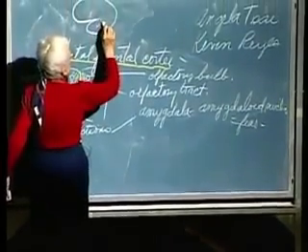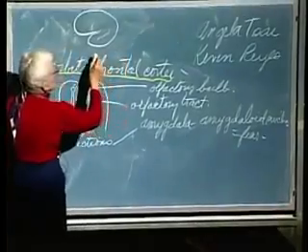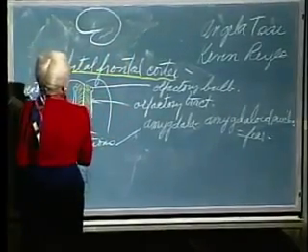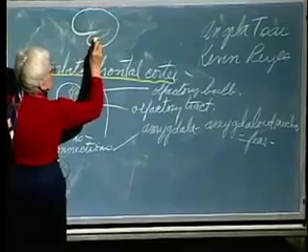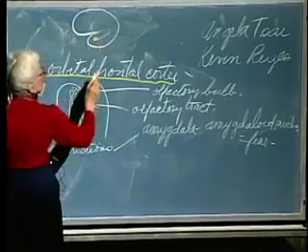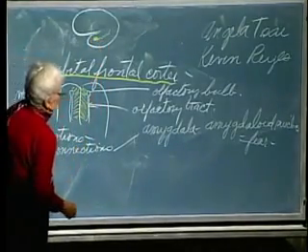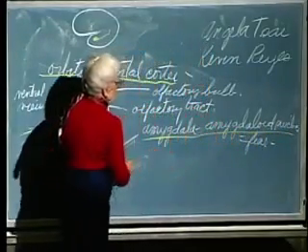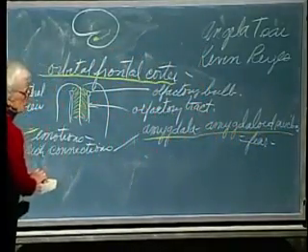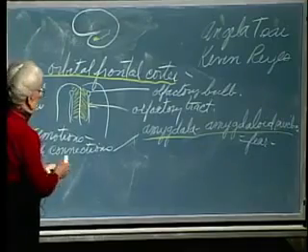Remember we had the hippocampus deep in our temporal lobe? And just at the anterior end of the hippocampus here is our amygdala, or amygdaloid nucleus, which deals with many emotions, but fear predominantly.